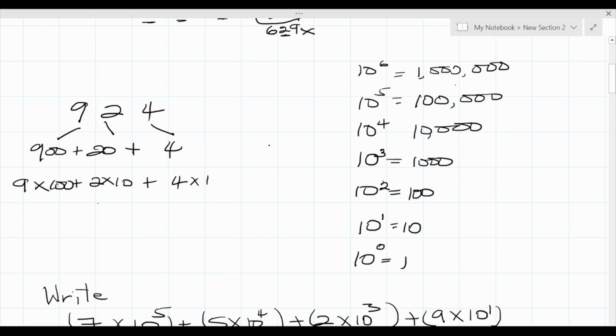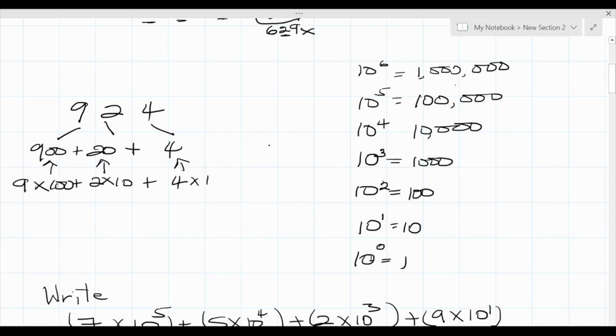In order to better understand this, we know that 9 times a set of 100 would give us the 900, right? We know that 2 sets of 10 would give us the 20, and 4 times 1 would give us the 4. Let's look at exponents over here.